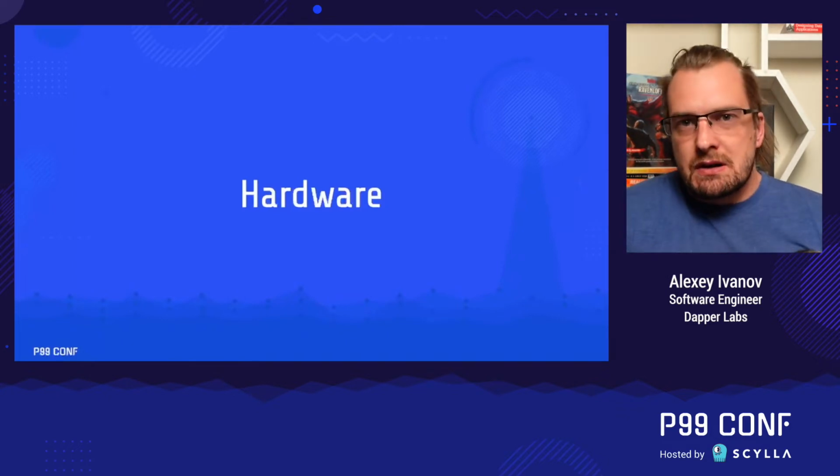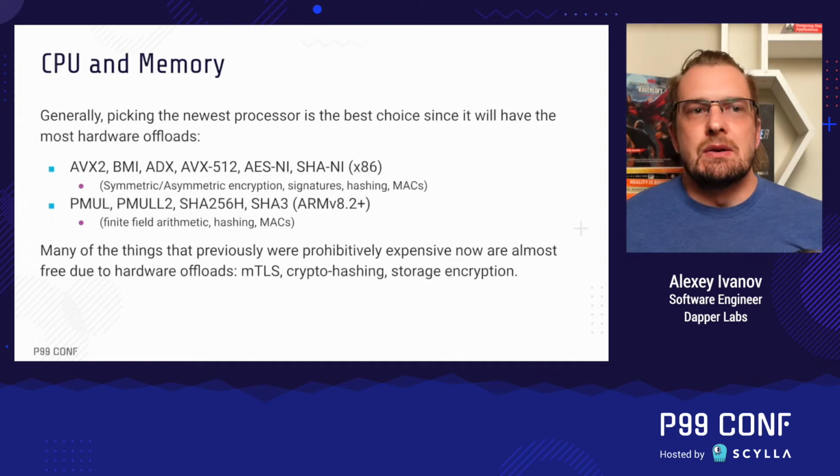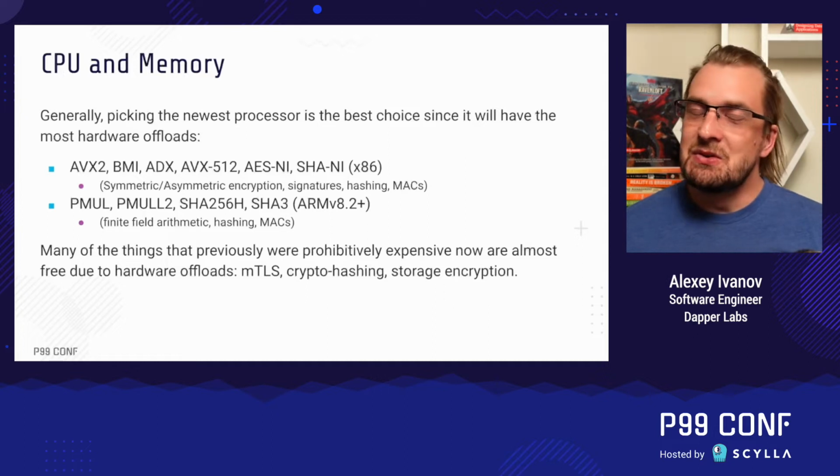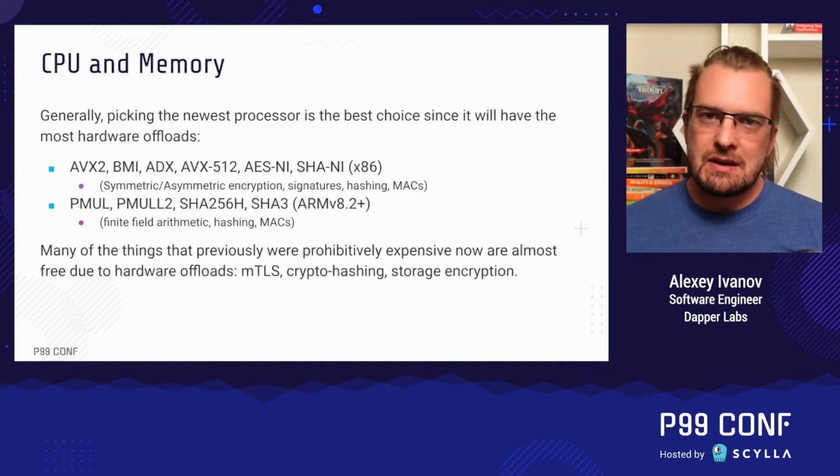We'll start with hardware. On the hardware layer, we're going to start with CPU and memory. Here, what you want to have is the newest CPU. Not exactly the fastest in terms of gigahertz, not the biggest in terms of cores.